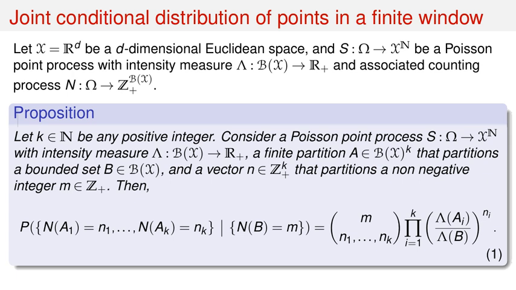Also let n be a vector of k non-negative integers n1 through nk that sum up to a non-negative integer m.